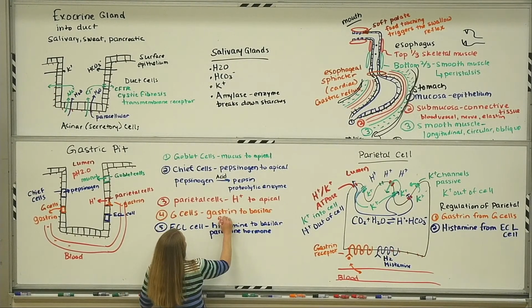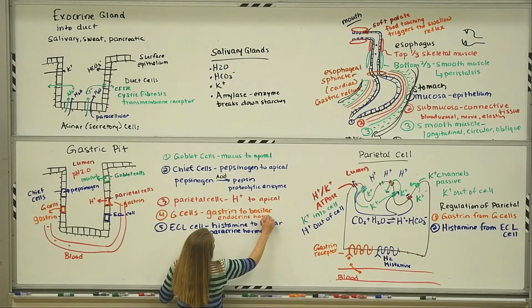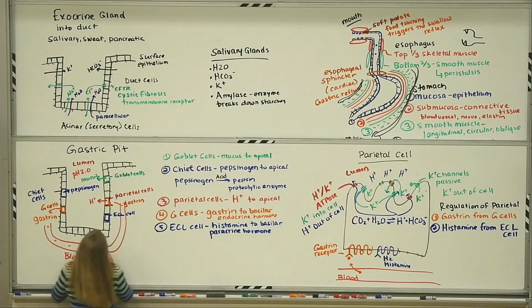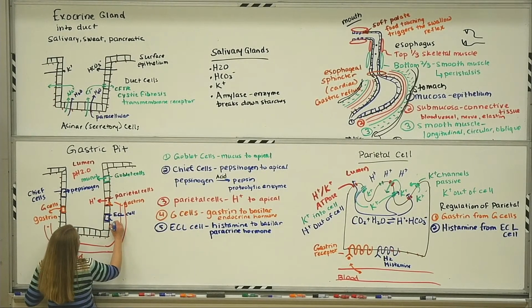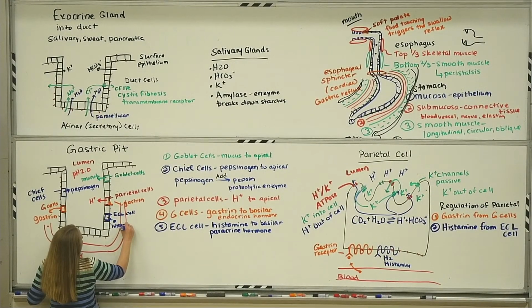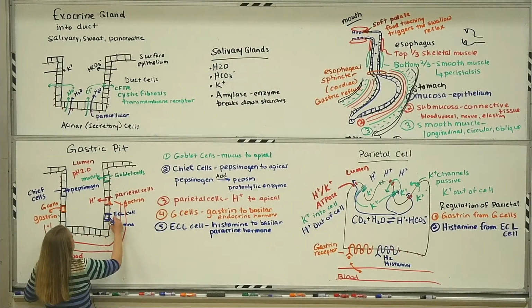Let me just specify too, this was an endocrine hormone because it went in the blood. So now you're going to release histamine. Instead of going into the blood, it's just going to go paracrine, meaning it's just going to diffuse locally. So this is just going to come up here and bind.